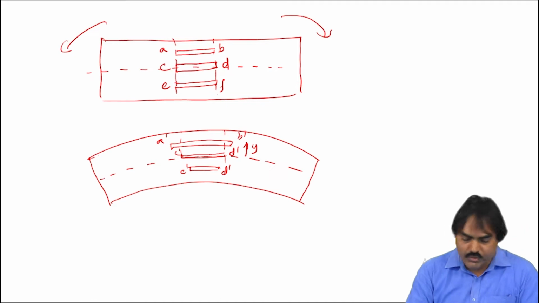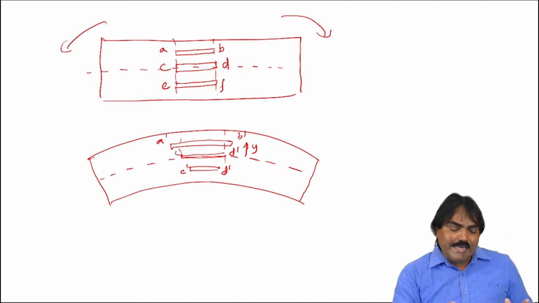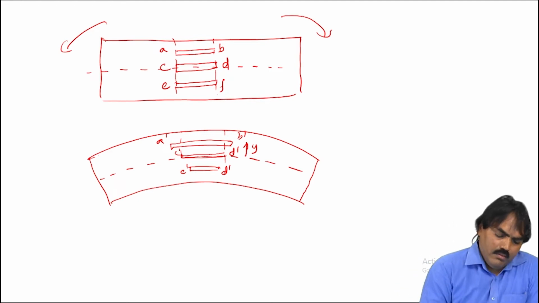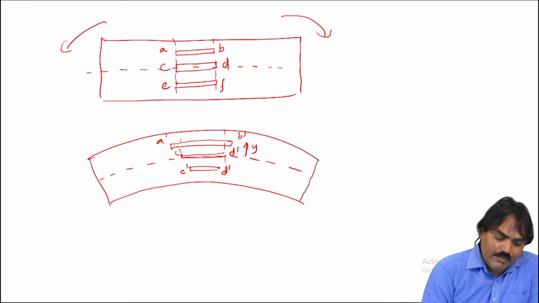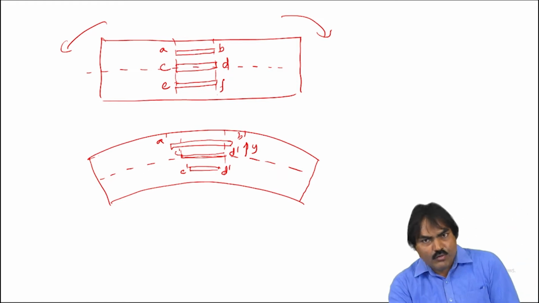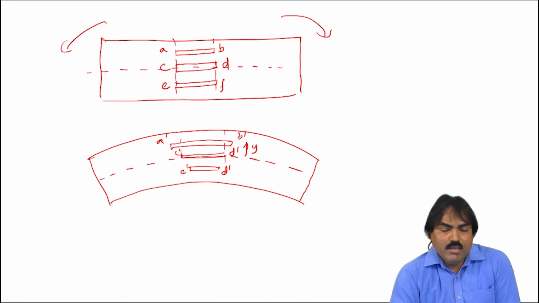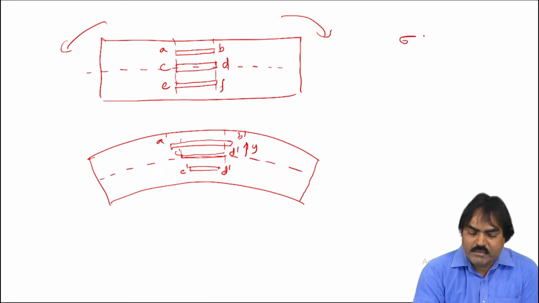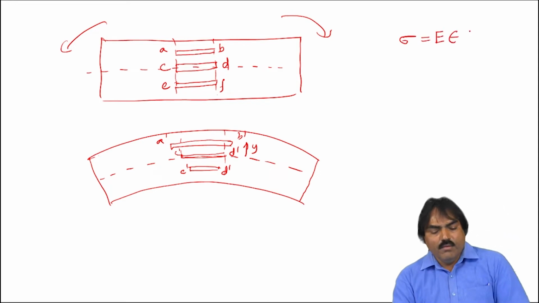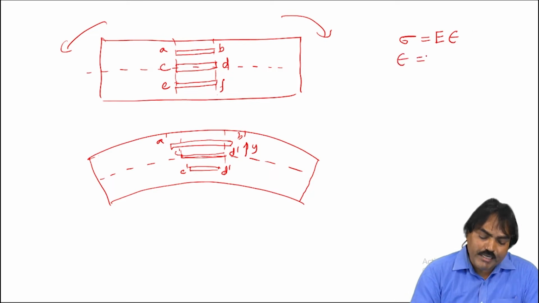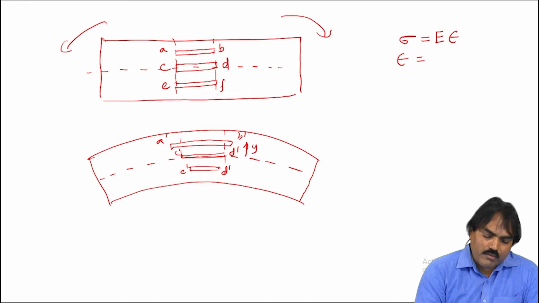Got it? Now, when you apply the load within the elastic limit, the small element AB is stretching to A dash, B dash. Then Euler said if the load is applied within the elastic limit, the stress induced because of the stretching is equal to E into strain, where strain is defined as the change in length as a ratio to the initial length.